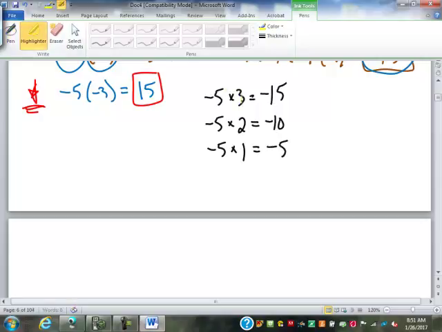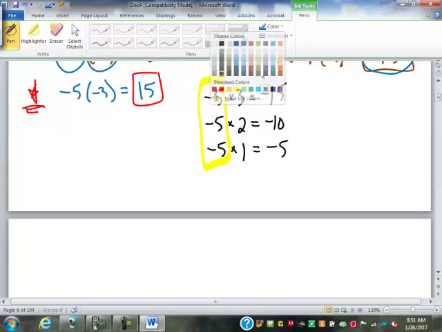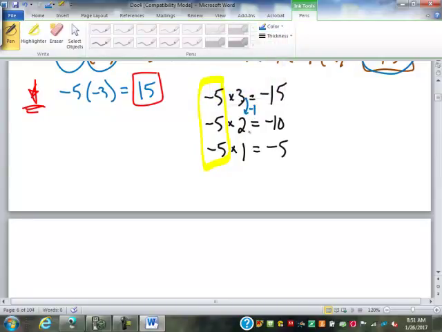So let's look at my pattern. I started with negative 5 each time. Here I started with 3, I went down to 2, so I reduced that by 1. Went from 2 down to 1, so I reduced that by 1 again. Here I went from negative 15 to negative 10, I added 5. Went from negative 10 to negative 5, I added 5 again.